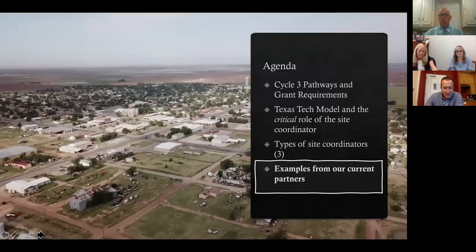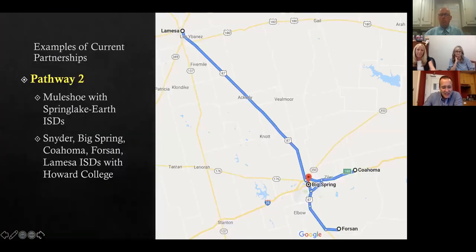Okay, so we've described the role of the site coordinator and the variations, and now I'd like to go a little deeper into some of the examples and how it looks in operation. So a couple of our examples, Jody alluded to our partnership with Muleshoe. We have a site coordinator out there that has done everything we've talked about with the training. She's attending the meetings.